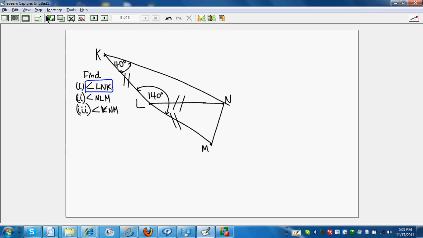To identify angle LNK, what we do is we start at L. So I'm going to start at L, go to N, because it's LNK, and then go to K. I won't go all the way to K. I'll just do as if I'm going to K. And therefore, you could clearly see what LNK is by that movement.